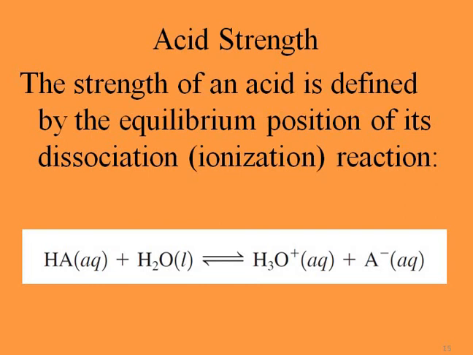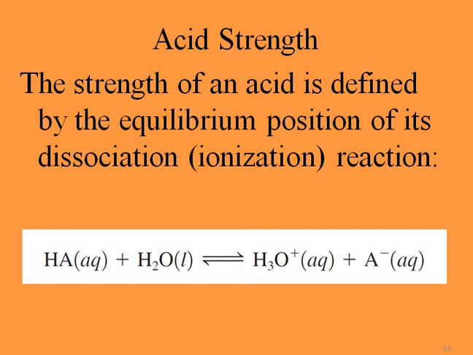So I want to talk about acid strength in this video. The strength of an acid is defined by the equilibrium position of its dissociation or ionization reaction. As you see here, this equation HA plus H2O gives H3O plus and A minus. On the left hand side we have acid and water.